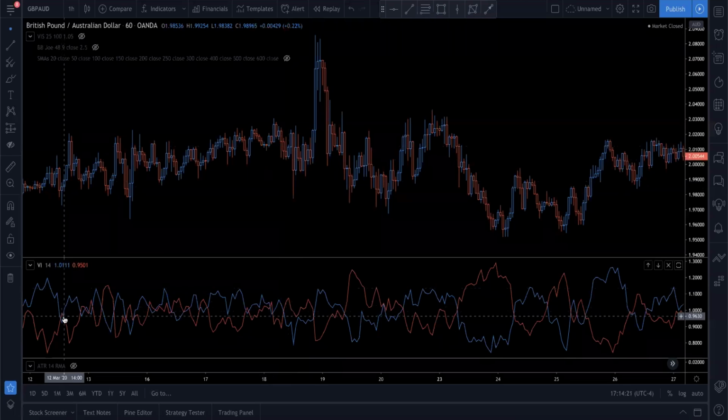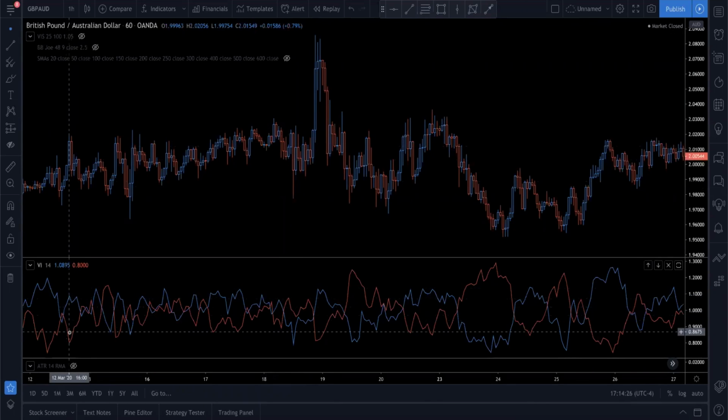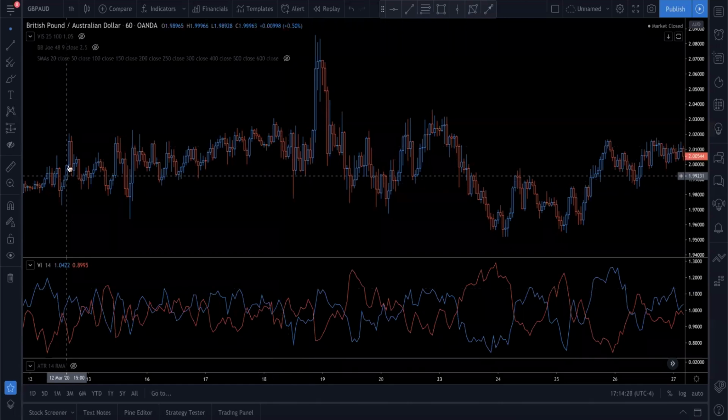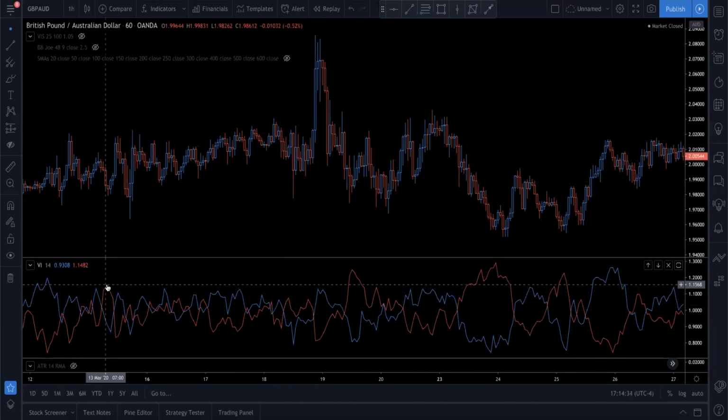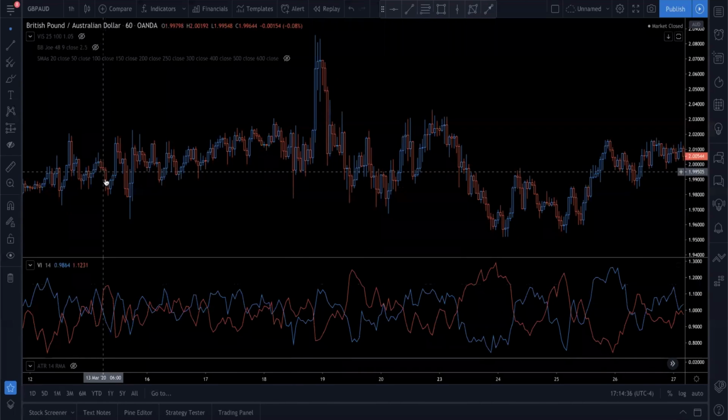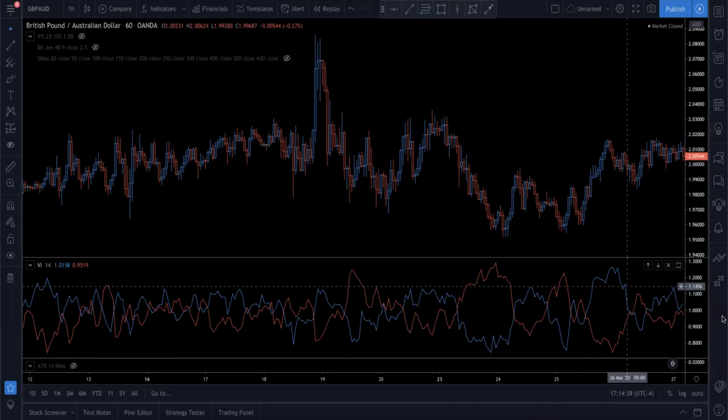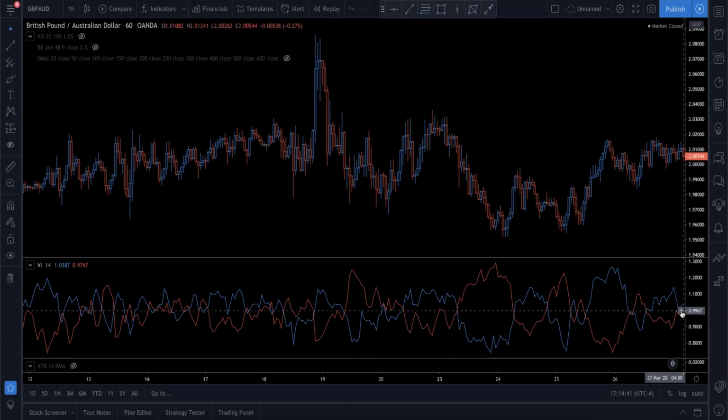Every time you see that the blue line is above the red line, it's showing you that the candles are going up. And every time you see the red line above the blue line, it shows you that the candles are going down. So essentially you have a 1.0 line, which is basically your zero.